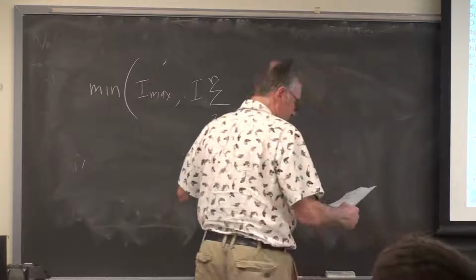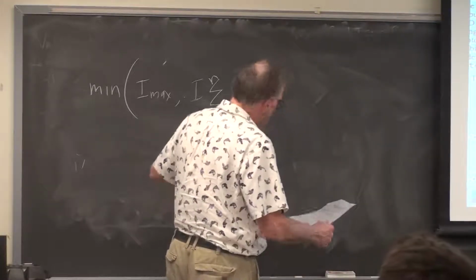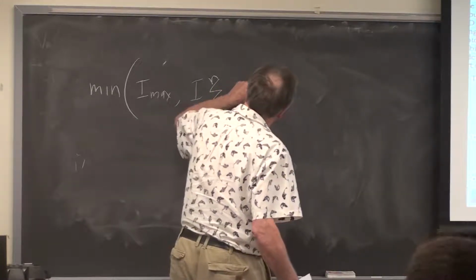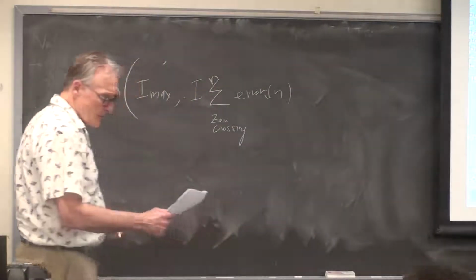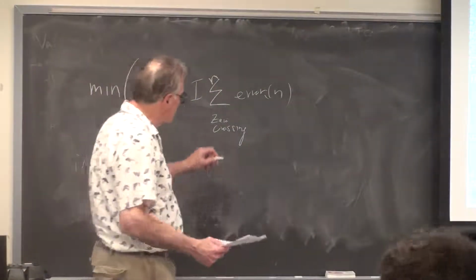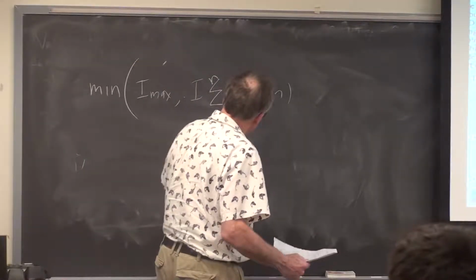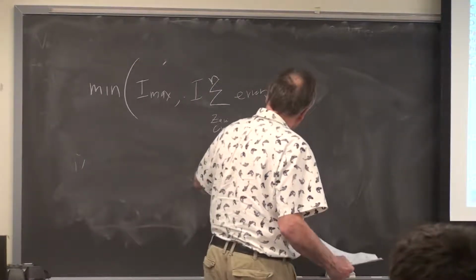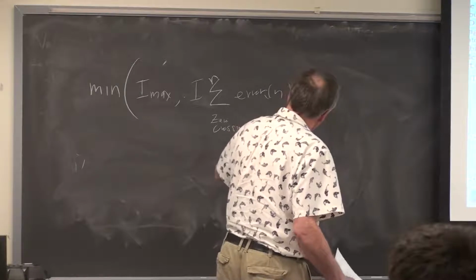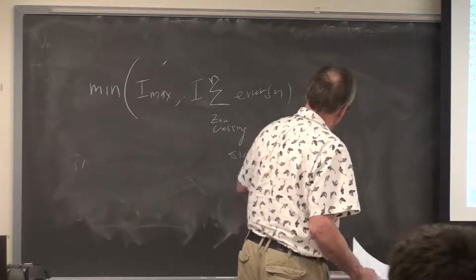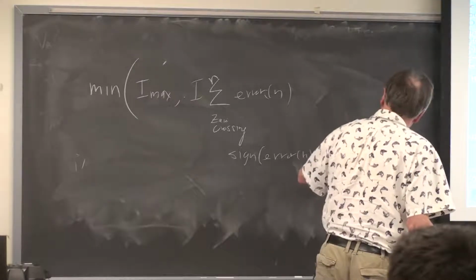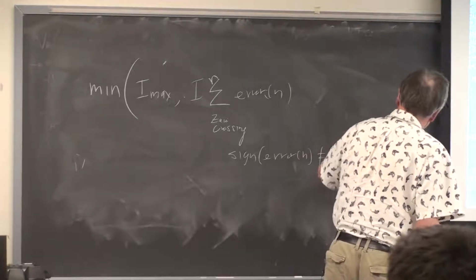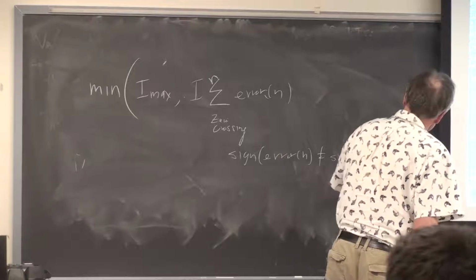And I'll tell you what I mean by that in just a minute. Error n. And the zero crossing is going to be determined when the sign of error n is not equal to the sign of error n minus 1.